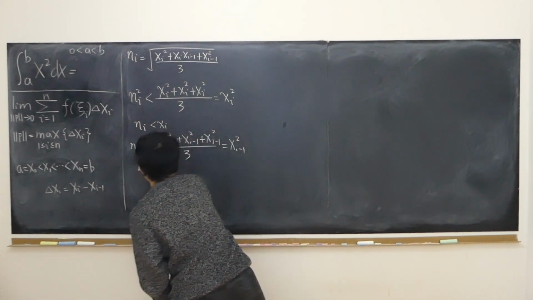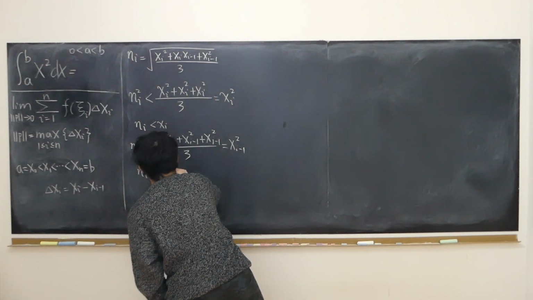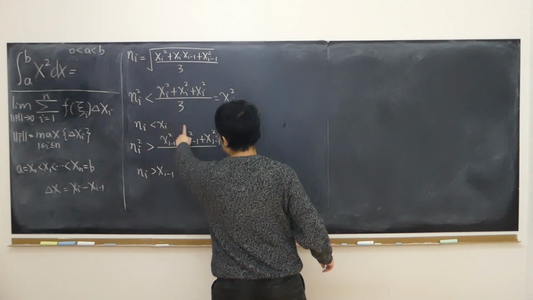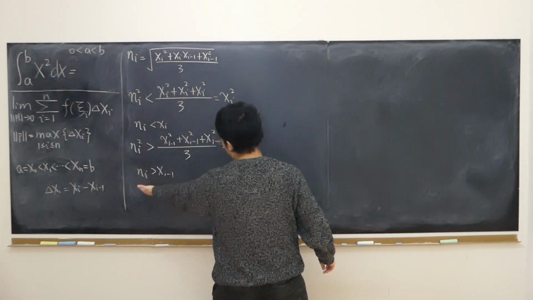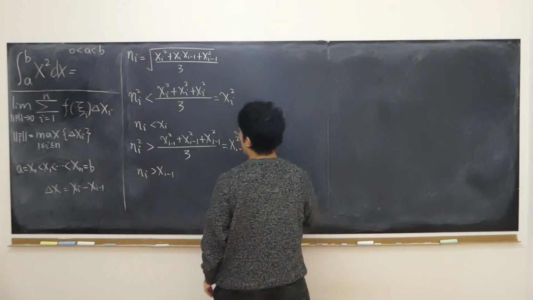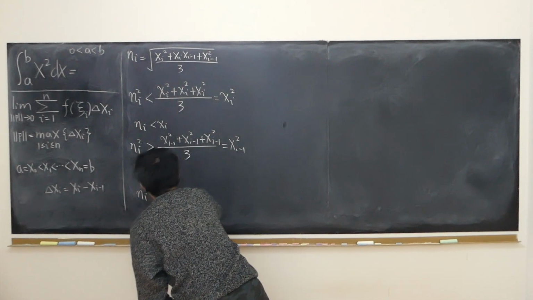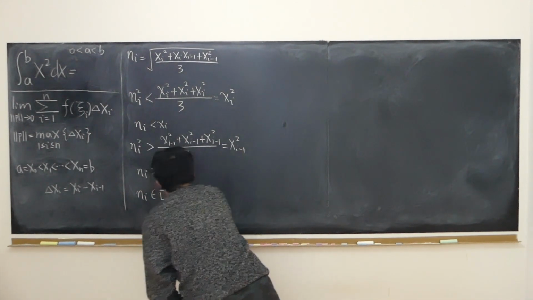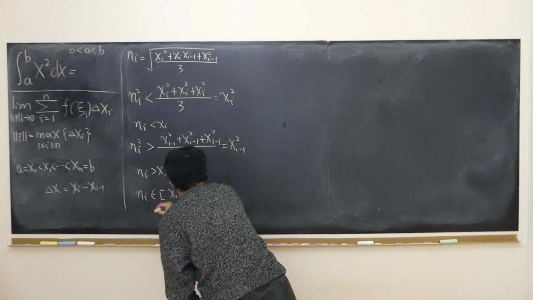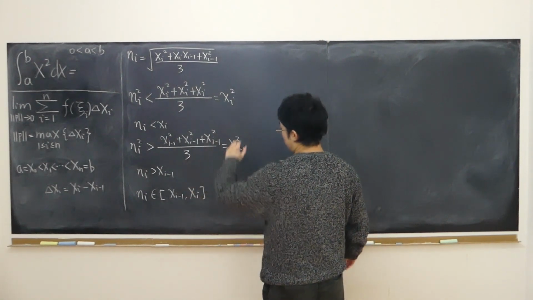So easily eta_i is larger than x_{i-1}. In fact, eta_i is not only less than x_i but also larger than x_{i-1}, which means eta_i really lives inside the interval x_{i-1} to x_i. So this is perfectly restricted.